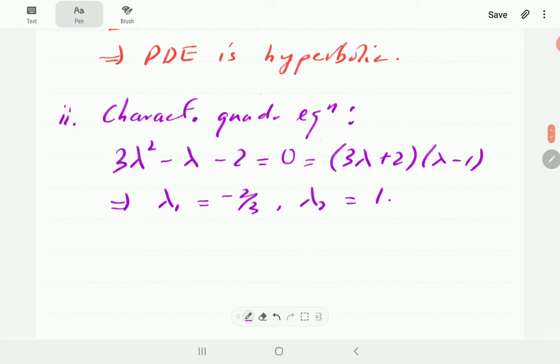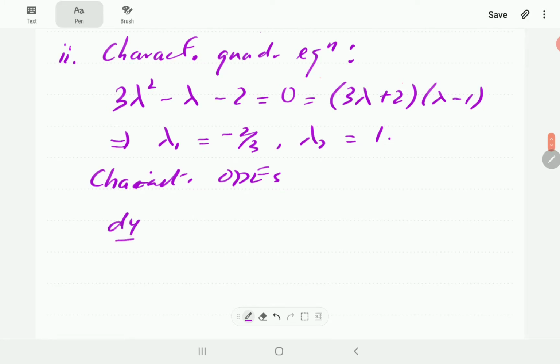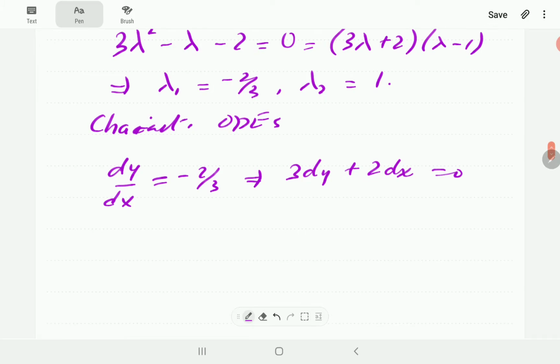Then from this, the characteristic ODEs, there are going to be 2 of them. First one is going to be dy/dx is negative 2/3. This is telling us that 3 dy plus 2 dx is equal to 0. Integrating this gives us 3y plus 2x equal to c1.